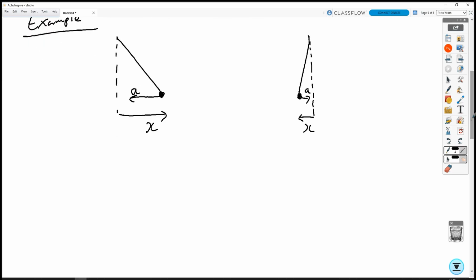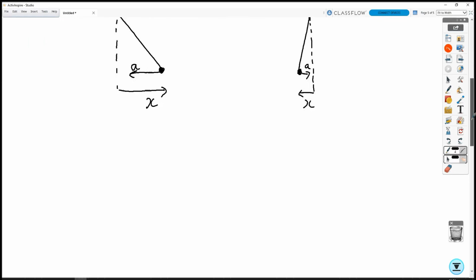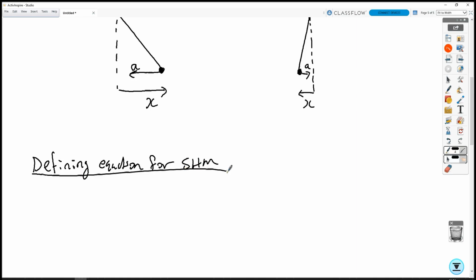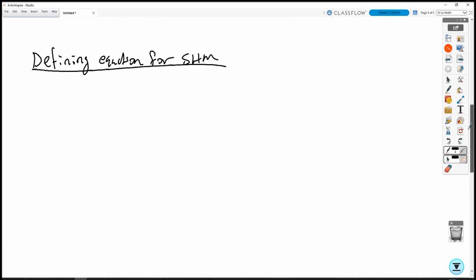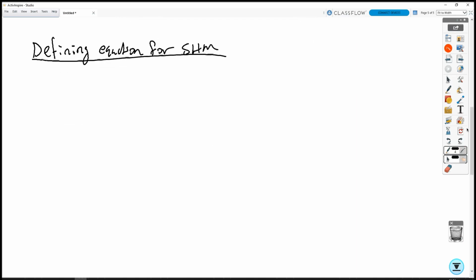So now let's write that mathematically, with the defining equation. So we start with acceleration is proportional to displacement.